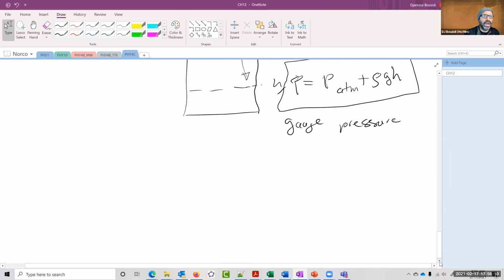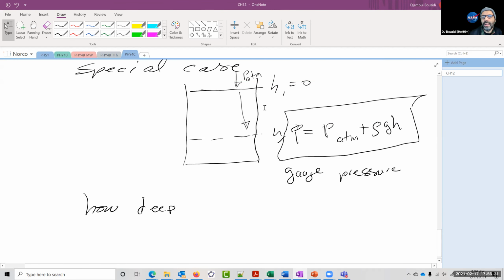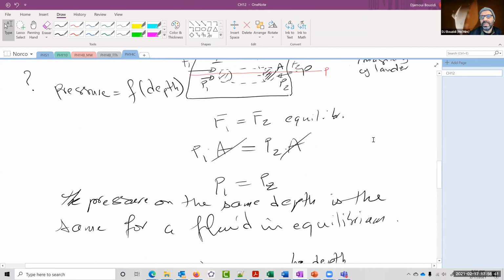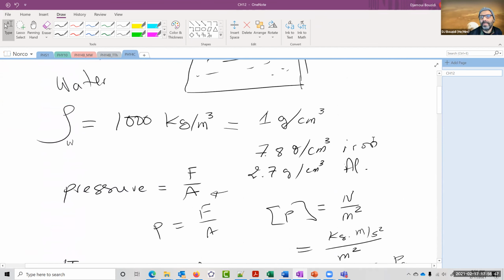Let's say I want to know how deep I can go underwater before experiencing 1 atmosphere of pressure. That's another interesting question. This rho is for water. If you are dealing with something else, it can be the rho of that medium. By the way, when I was talking about densities, one density that is useful to remember is the density of air.